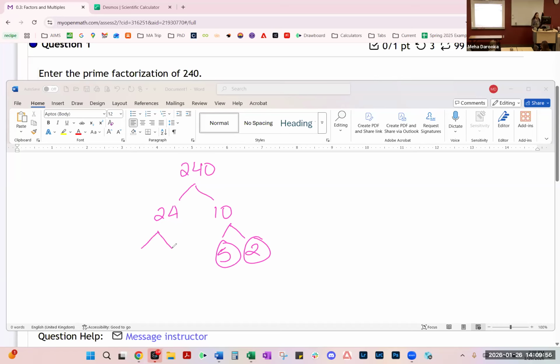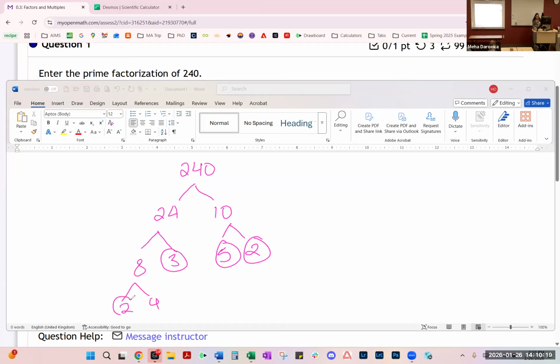Then you can move to the other branch with 24. And what would you use for 24? Okay, very good. 8 and 3. There we go. So 3, of course, is a prime number. We stop right there. 8 will continue down. 4 and 2.